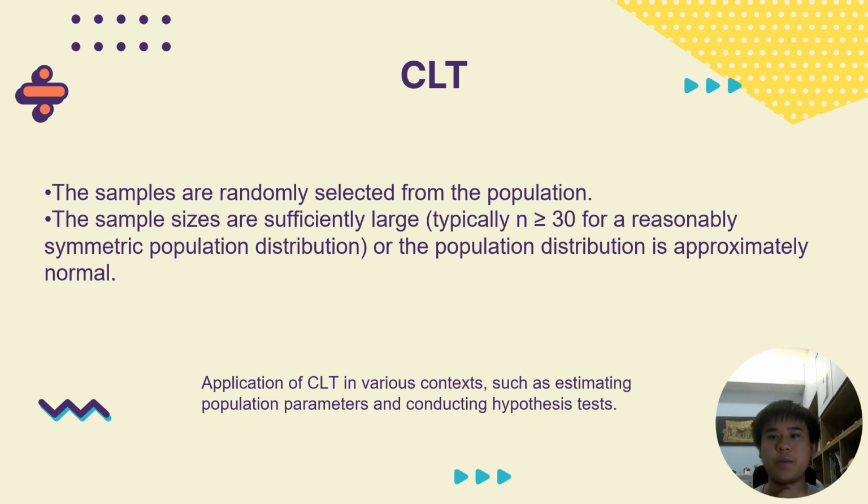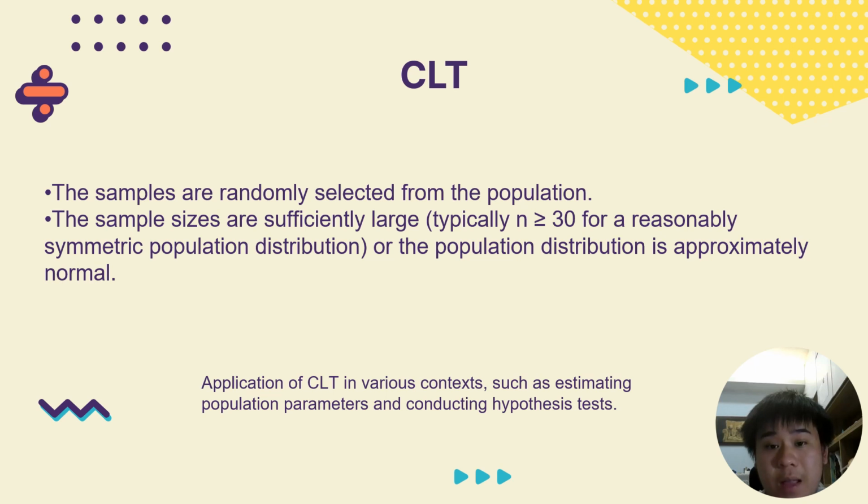Okay, so for central limit theorem, the samples are randomly selected from a population. We know that. The sample size is sufficiently large. Typically, it needs to be large.